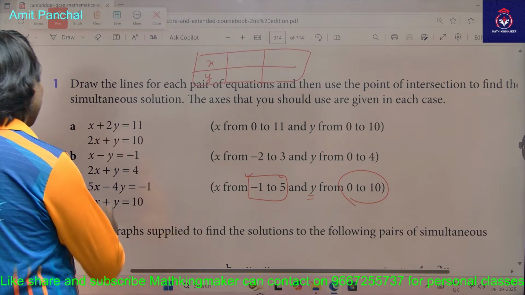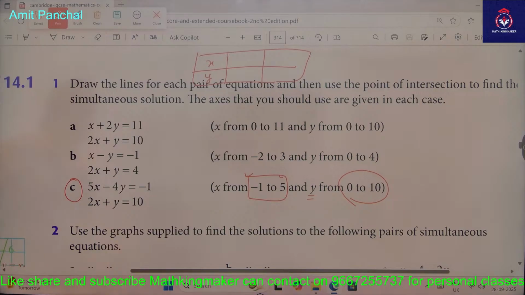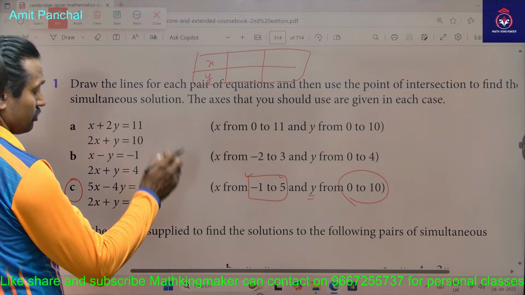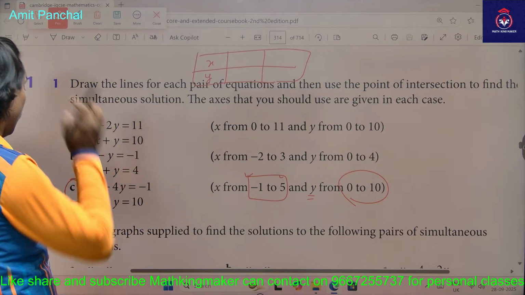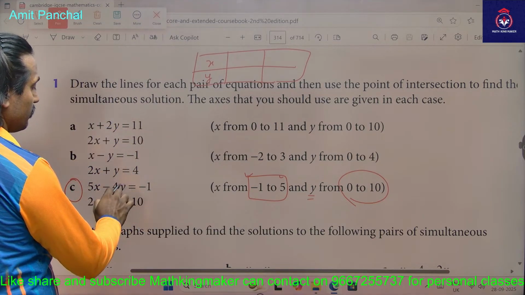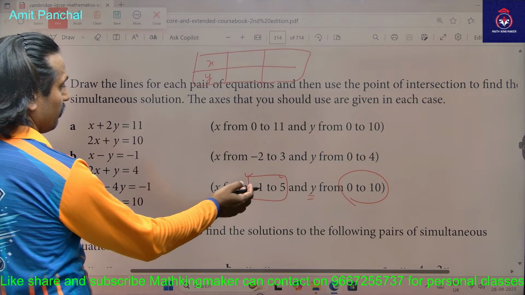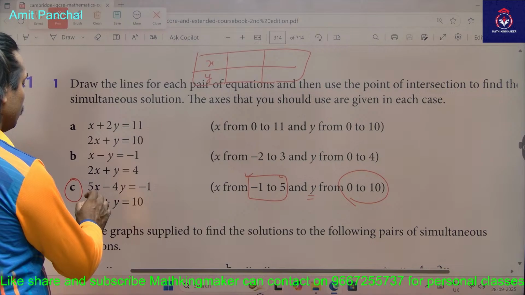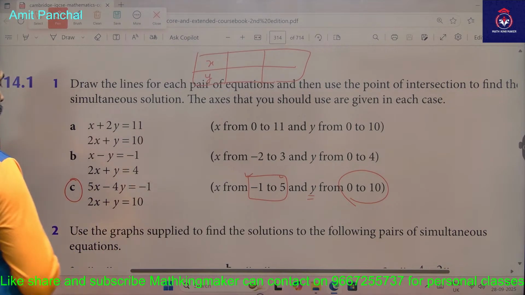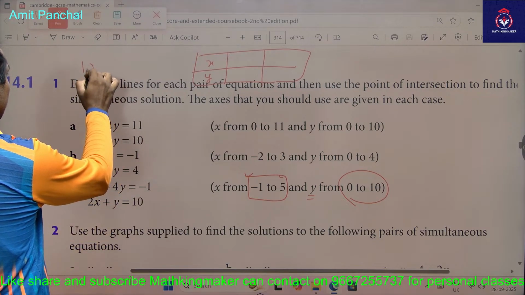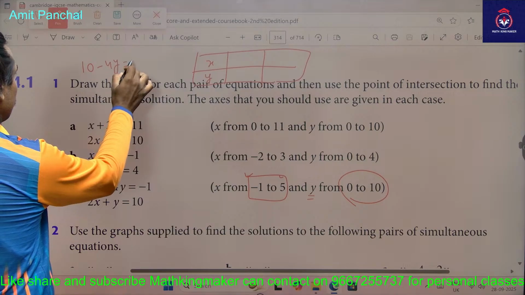What happens if x is -2? That will not work. If x is 0, then y is not a whole number. If x is 1, that will also not be a whole number. If x is 2, that means 10 minus 4y equals -1.